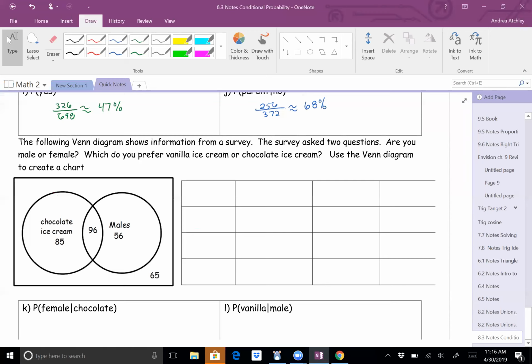Now, where you put the vanilla and chocolate and the male and female in the table doesn't matter. You can put the male and female here, or you can put male and female here. You can put chocolate vanilla here or here. Doesn't matter. So I'm just going to do this as male. This is female. This is chocolate. This is vanilla.